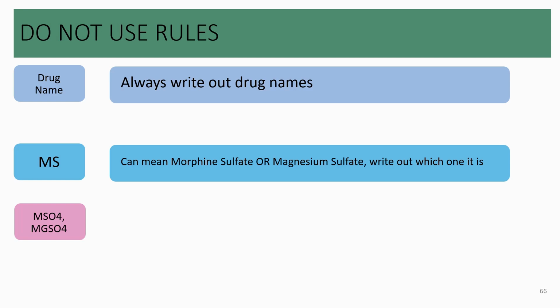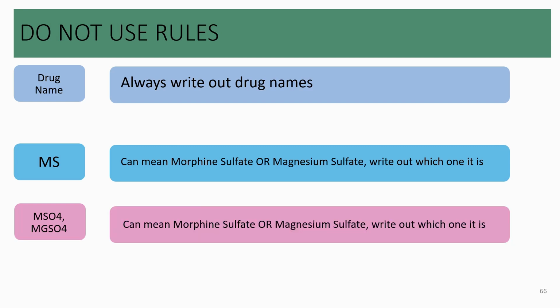And if you don't know that these two drugs are wildly different and would harm patients to take the wrong one, because it could potentially stand for two different things, make sure that you are writing out which one of those two you mean. Again, the abbreviations MSO4, MGSO4, while clearly they have a chemical symbol to them and people should understand them, people may not, and they are close to each other. So again, either just write out morphine sulfate or magnesium sulfate rather than use just MS or one of its chemical abbreviations.